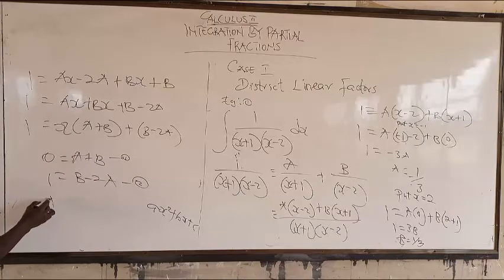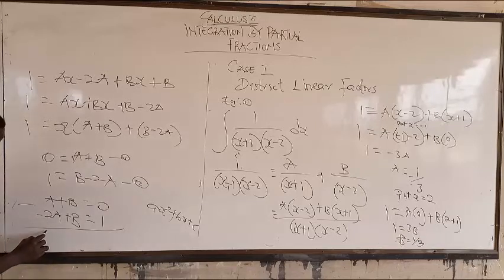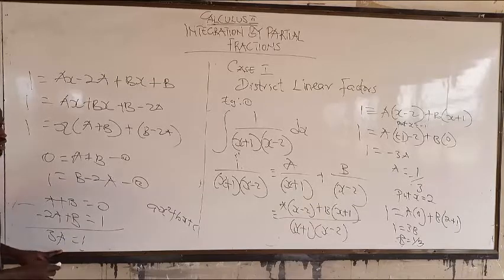This is the same as A plus B is equal to 0. This is negative 2A plus B is equal to 1. So when we subtract, we are going to get 3A here. So 3A here, and this is 0 minus 1.